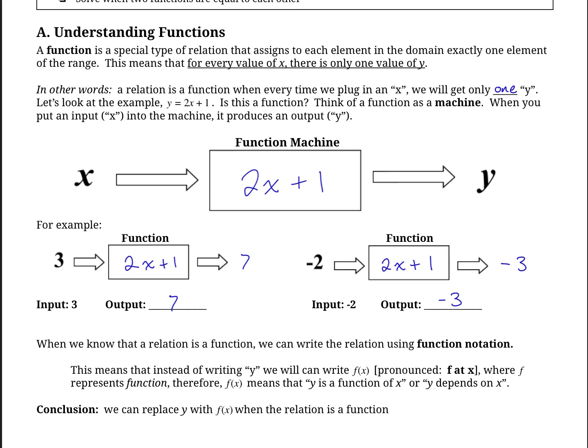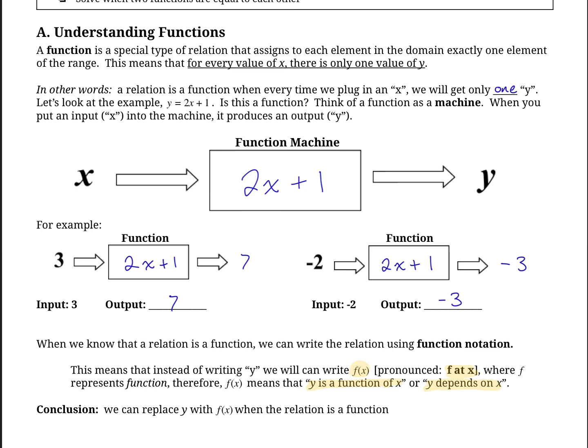Now when we know a relation is a function, we can use something called function notation, and that is this symbol right here. Instead of using y, we can write this little symbol, which is f open bracket x close bracket. This is pronounced as f at x. F just represents the function, and f at x means that y is a function of x or y depends on x.